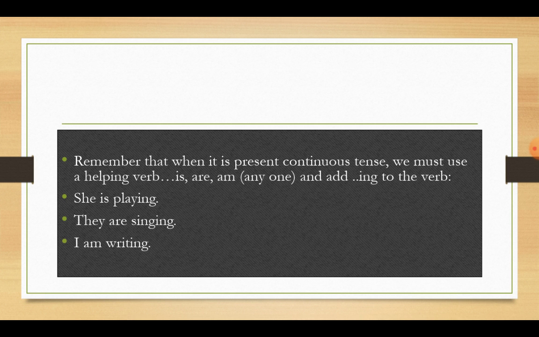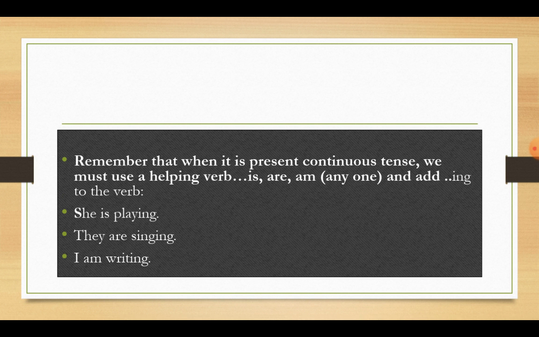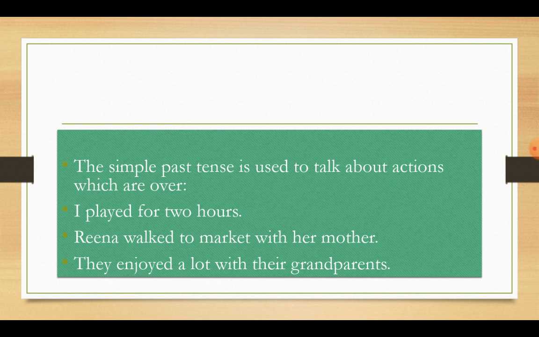We add is or are or am and ing to the verb. Like she is playing, they are singing, I am writing. Done? She is playing, they are singing, I am writing. Now, what happened? We did ing to the verb and is, are, am.